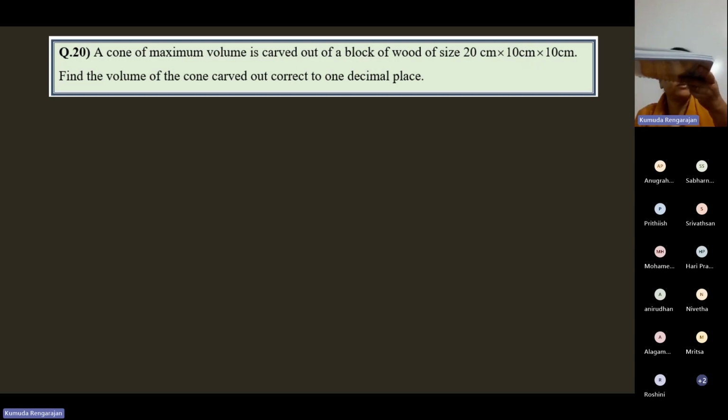If the top of the cone, the apex, is here, then where will be the base of the cone? It will be here. You will be using the opposite faces of the wood.